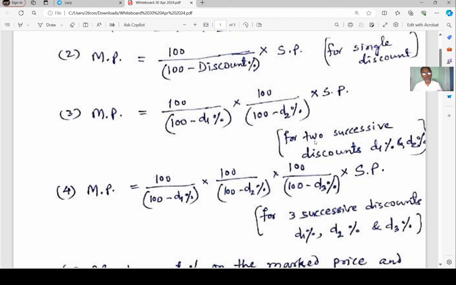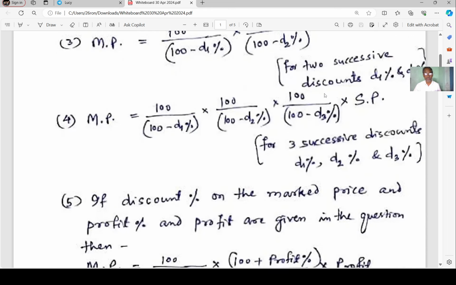If there are two successive discounts D1% and D2%, then marked price is equal to 100 divided by 100 minus D1% multiplied by 100 divided by 100 minus D2% multiplied by sale price.